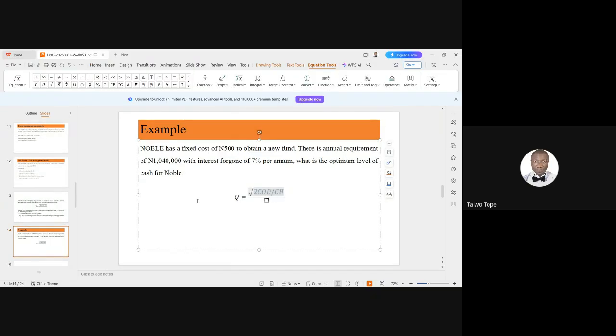What will be your optimum level of cash? We are waiting for me to solve it. The exam is here. I want you to be solving.